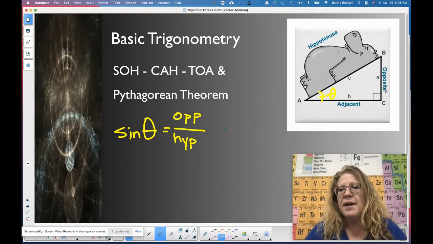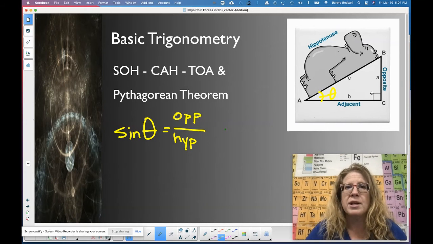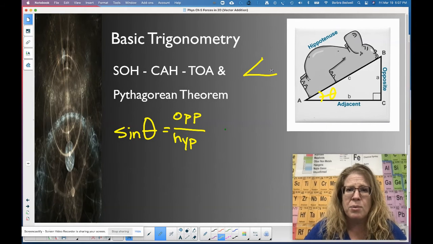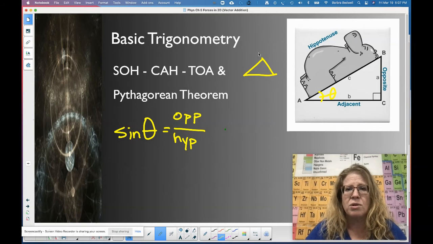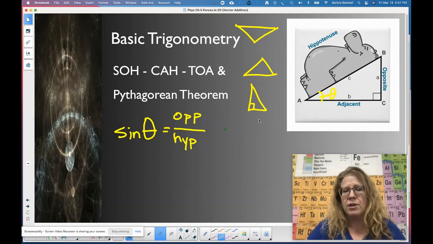And again, you have to have a right triangle for these relationships to work. If you have an acute triangle, one of these sorts of shapes, SOHCAHTOA doesn't work, or in the really obtuse kinds of triangles. It doesn't work in these kinds. You have to have a right triangle. There has to be one right angle in there for these to work.